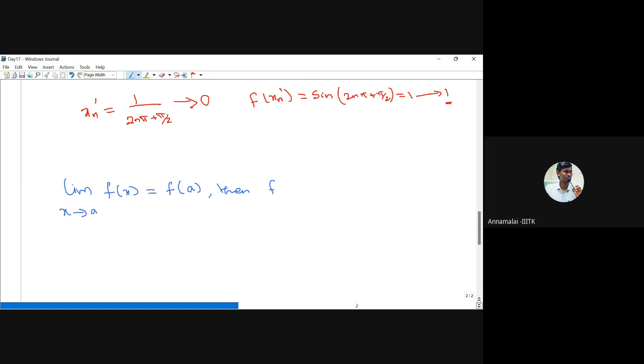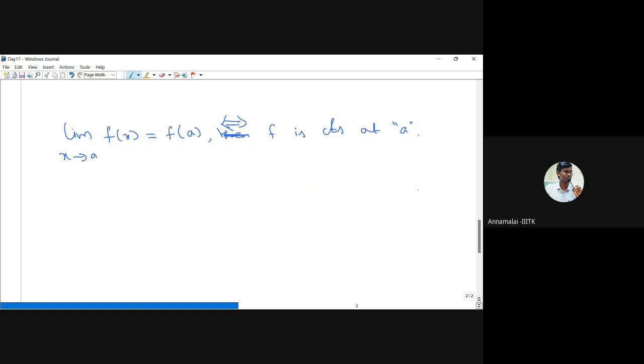This is another definition of continuity. Anyway, everything is equivalent.